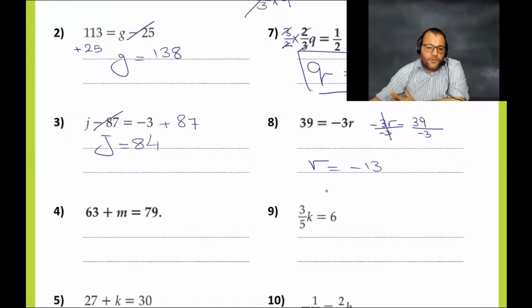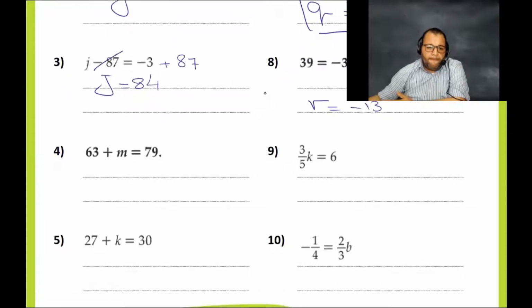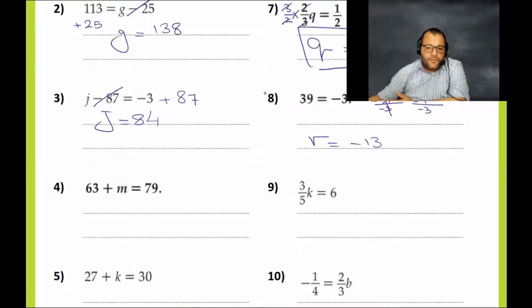Yes, sir. What's the problem? Sir, can you explain this process again because it's so hard? I just said divide by -3. Okay, you divided 39 by -3, equal -13. So we should divide with -3.